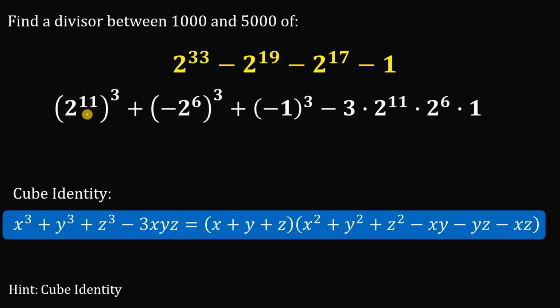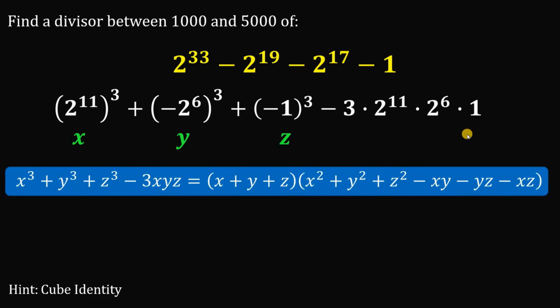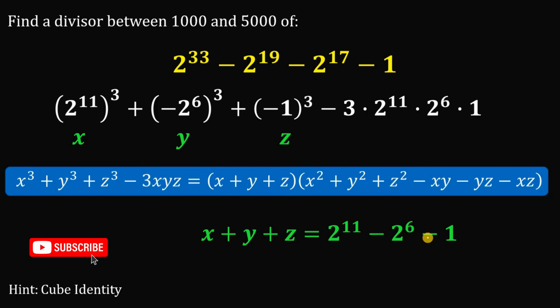So, if we let 2 raised to the power of 11 be x, negative 2 raised to the power of 6 be y, negative 1 be z, this is clearly this identity on the left-hand side. In short, this number right over here is definitely a factor of x plus y plus z, which is 2 raised to the power of 11 minus 2 raised to the power of 6 minus 1.